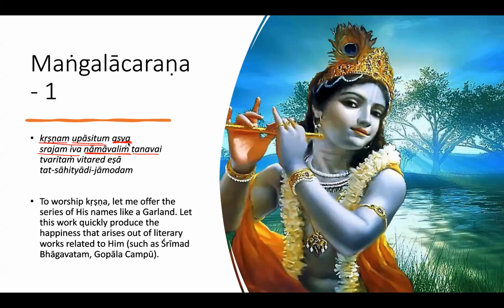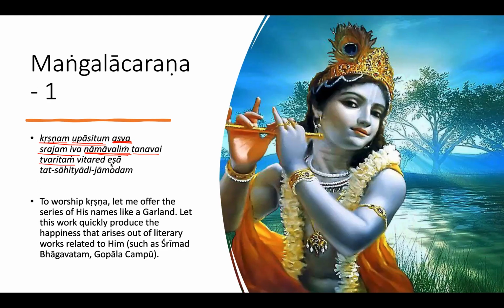He takes the collection of his names and makes it into a garland. He composes it as a garland, right? And then he gives a blessing after that. Tvaritam vitared esha tat sahityadi jamodam.